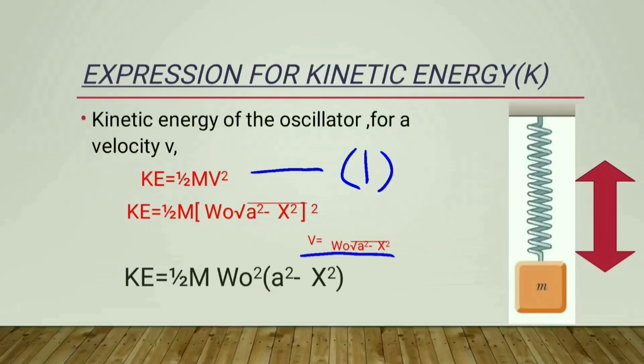Here we got the expression for kinetic energy. Kinetic energy depends on the position, and it shows that kinetic energy also varies with the position of the oscillator. So now we have the expression for kinetic energy and the potential energy. Then we can find the expression for total energy also.